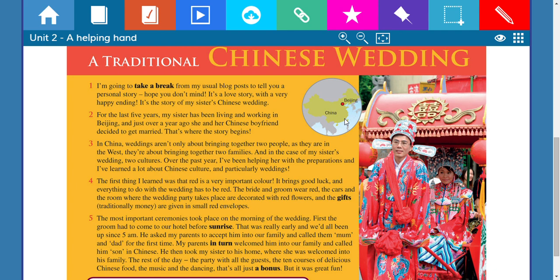The idea is always to write based on an example, and this is your example. There are 5 paragraphs, so you need to write 5 paragraphs. And then you need to read your writing. So you are going to record your writing and send it to me through the platform.